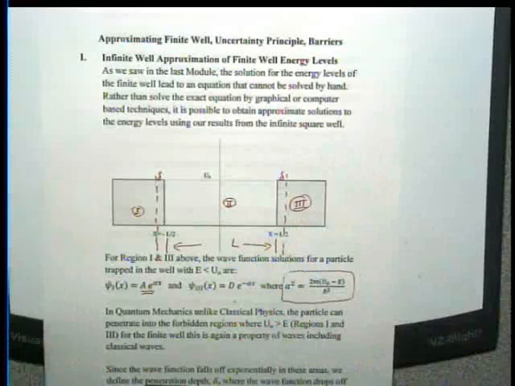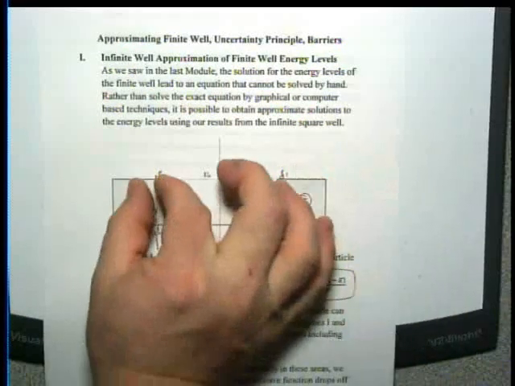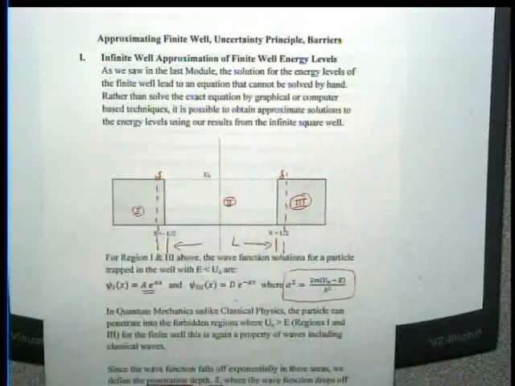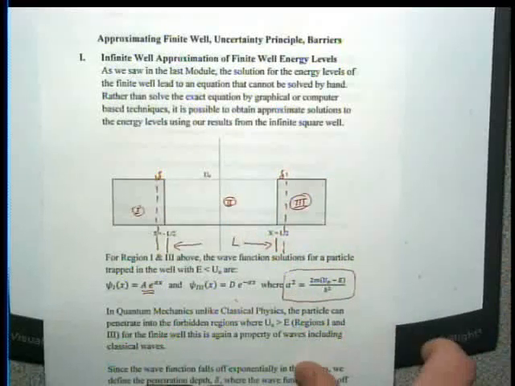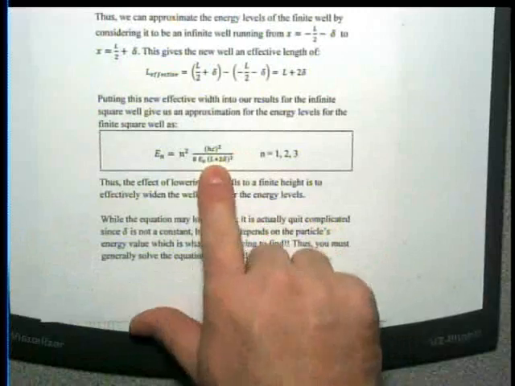So now it's L plus 2 delta. And I'm going to stick that in the particle in a box formula that you're supposed to know by heart by now. And that's where he gets this formula in the textbook.